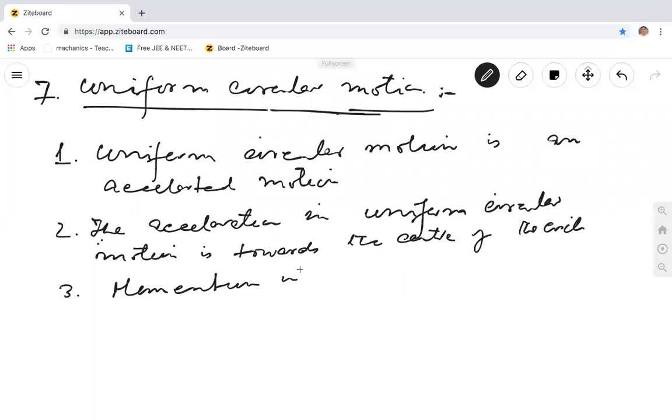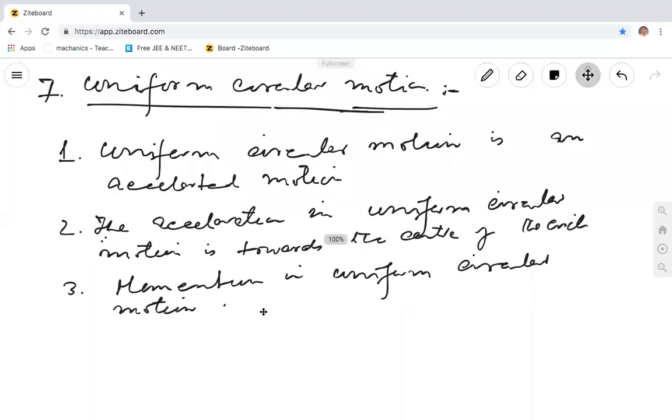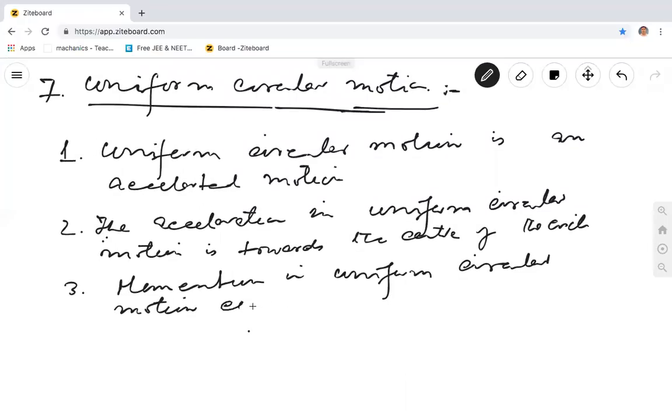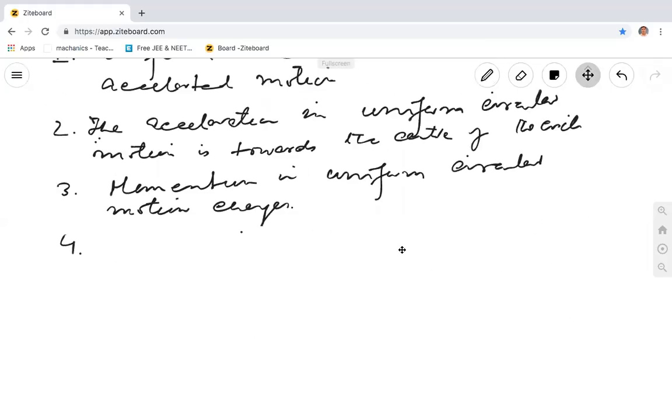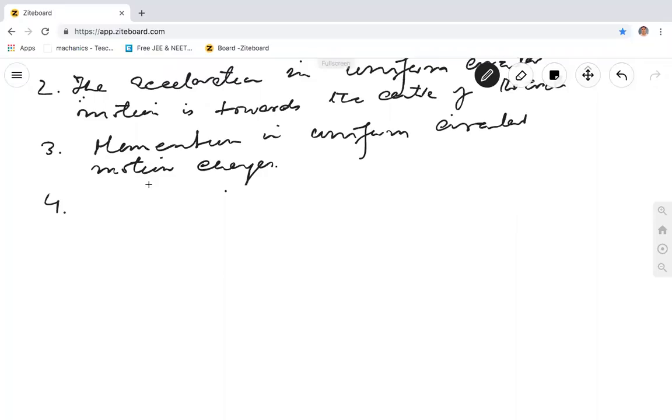Momentum in uniform circular motion changes. Fourth, if momentum changes, please tell me, should there be force? Yes, because it is only force which changes the momentum. Force is needed for uniform circular motion.